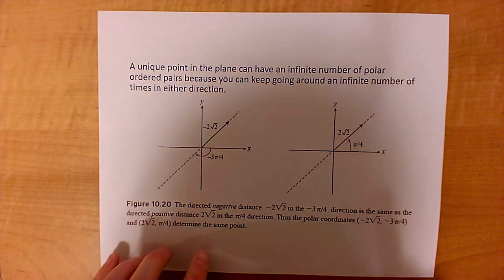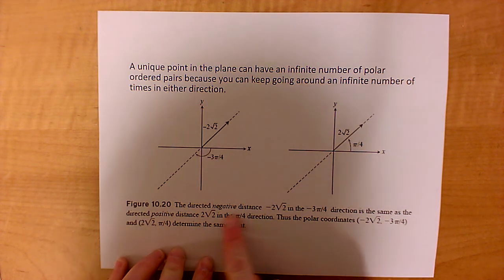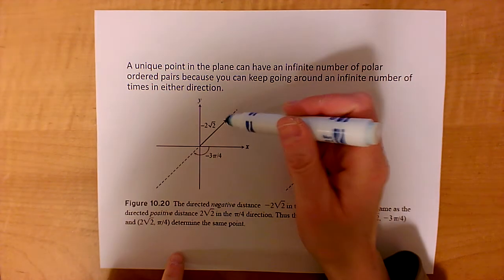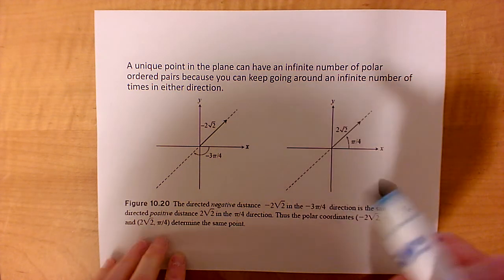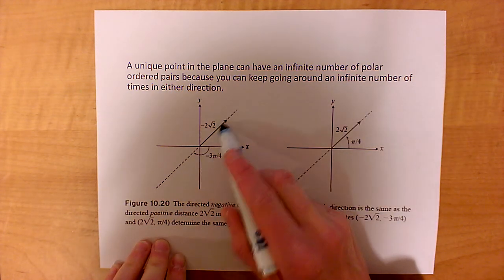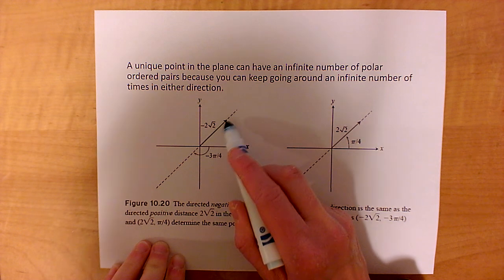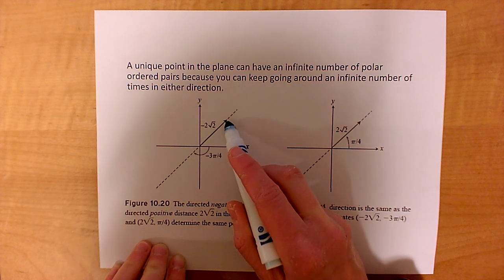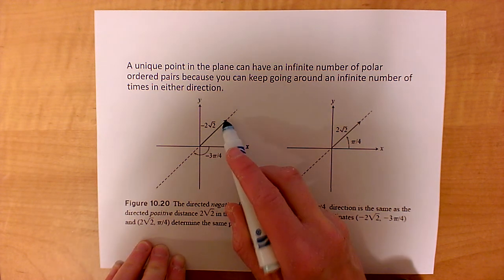Now, the other thing that we want to talk about is the directed negative distance, okay? If you have the point (2, 2) right here at the tip of this arrow, it's pretty easy to tell that the distance from the origin to that is 2 root 2. And so we call that our directed positive distance because that is the shortest way to that point.